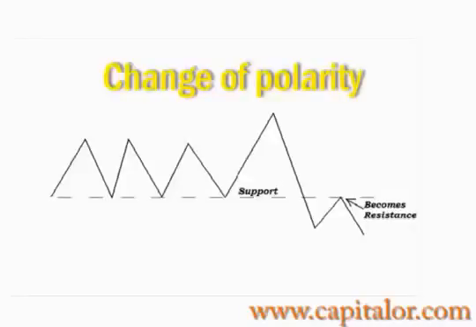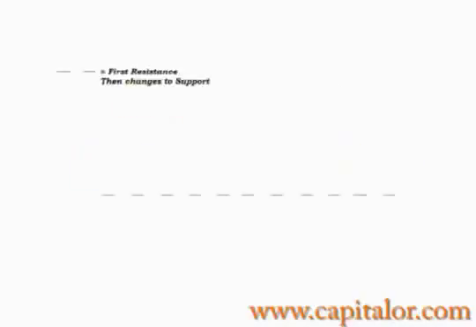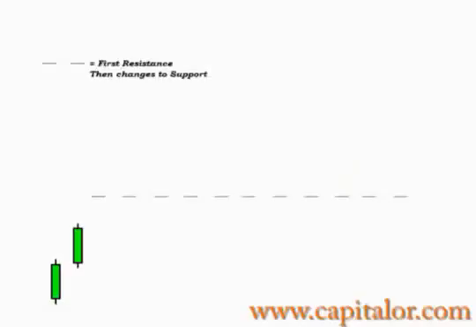it automatically turns into a resistance level. Even though this pattern might be easy to remember, I will make it even easier by showing a simulation, and this simulation shows a resistance which then turns into a support. The simulation begins with candlesticks moving up to the resistance, but stopping at the resistance line and moving down 2 candlesticks.